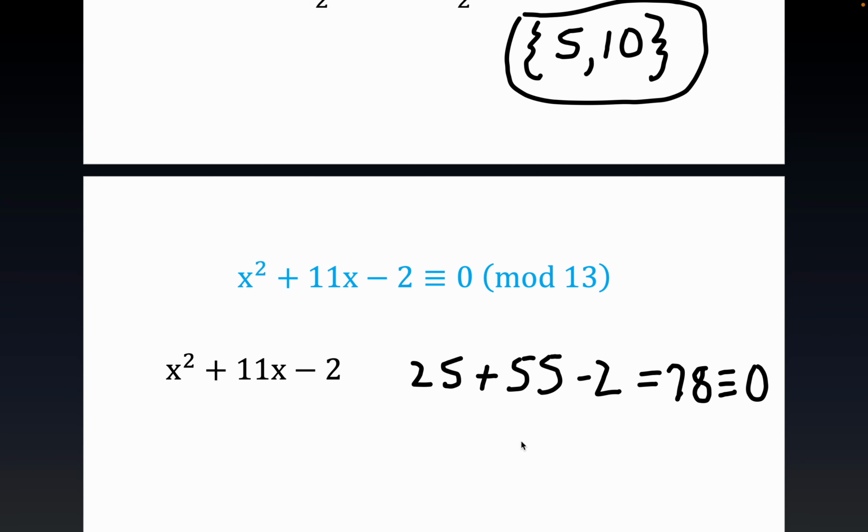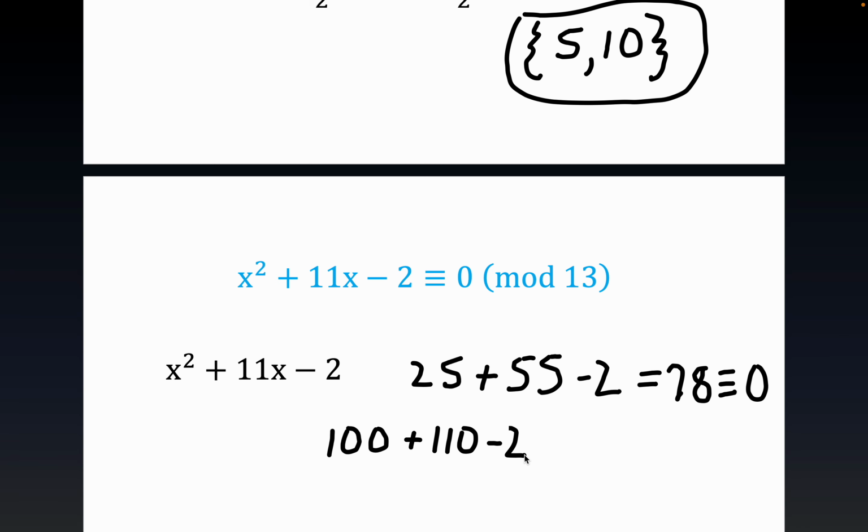Now let's check 10. If you check 10 right here, you will get 100. Again, y'all, I'm substituting 10 right here. Now also, if you substitute 10 here, you get 110, minus 2.